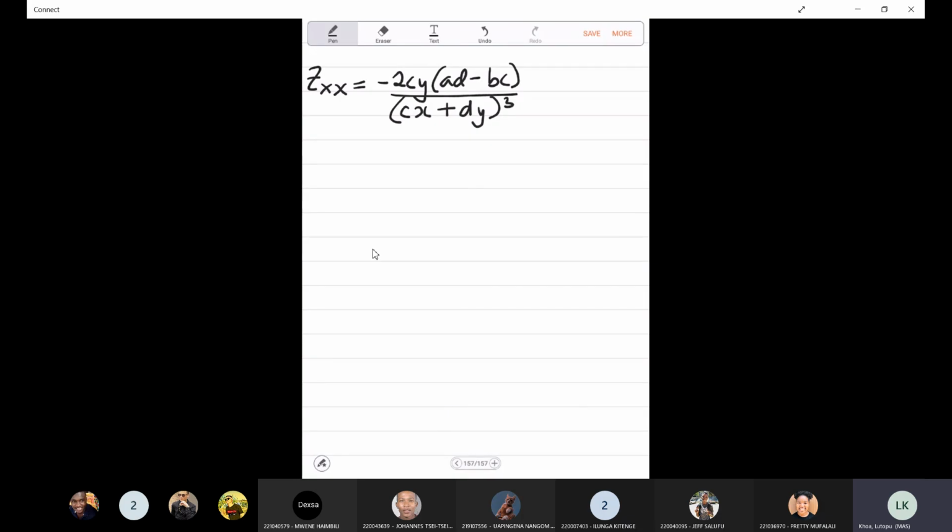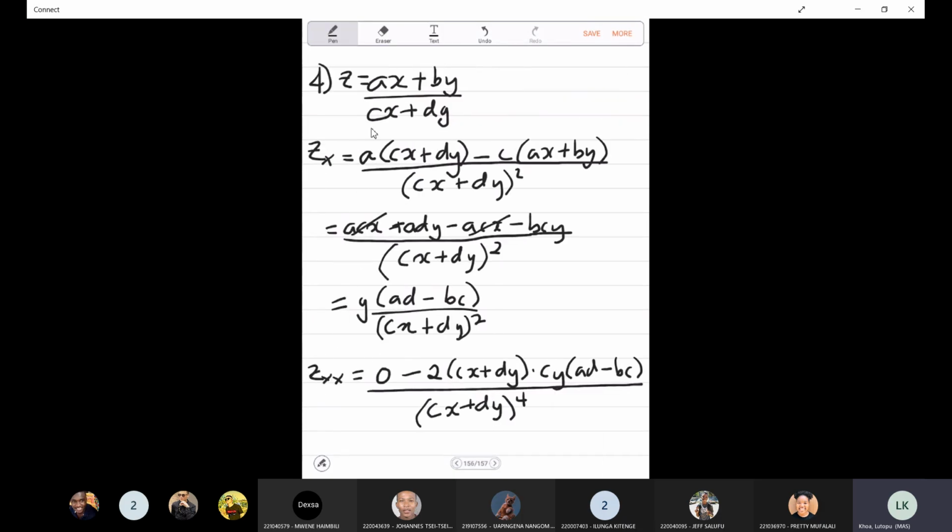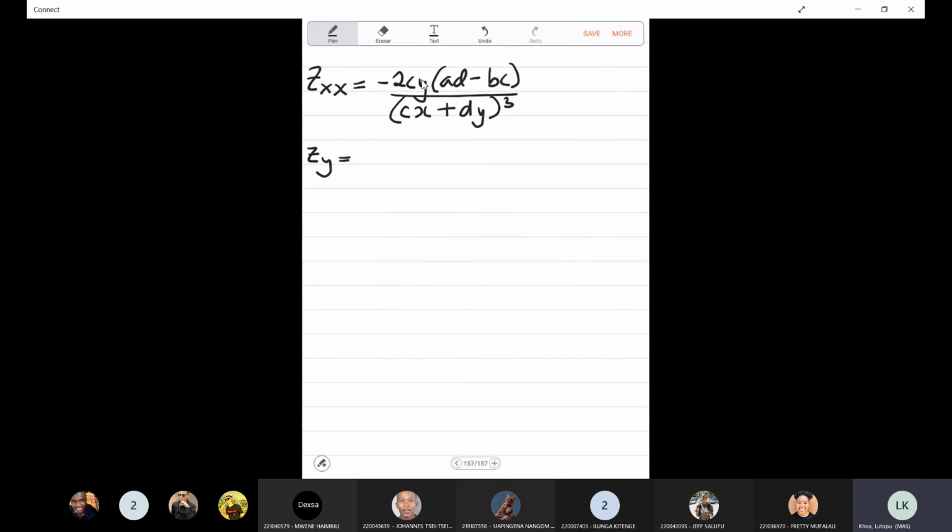And then we have Zy. So our Z is that one here, except this time we differentiate it with respect to Y. Again, we use the quotient rule. We have the derivative of the numerator multiplied by the denominator as it is.